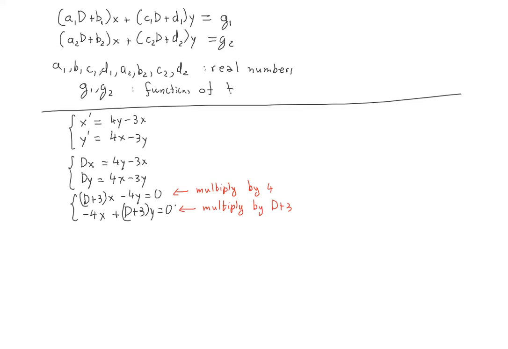Look at the description that we gave before, and maybe I should have said what x and y are. So x and y are functions of t. In some sense, what we're going to do is happening in 2 stages. In the first stage, you try to isolate either x or y, so you try to come up with an equation that has just x or just y. That equation that you get, though, is not really an algebraic equation because d is differentiation. So guess what?